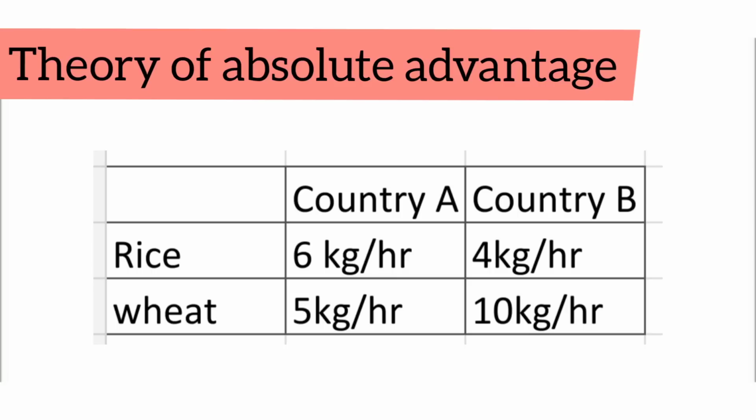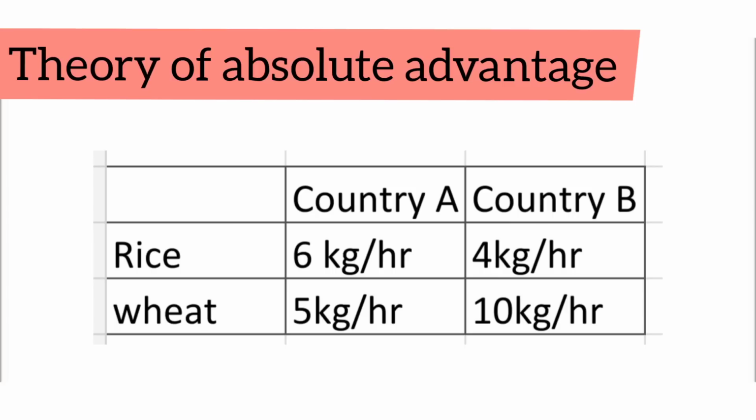So like that you must function: export whatever you are good at and import the rest of the things. This is the kind of theory he proposed. Here they say that exchange of goods between two countries will take place only if a country can produce one commodity at an absolutely lower production cost than the other country.